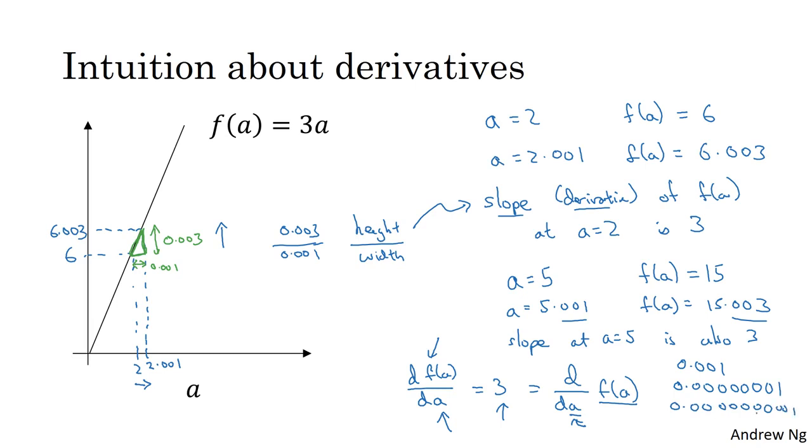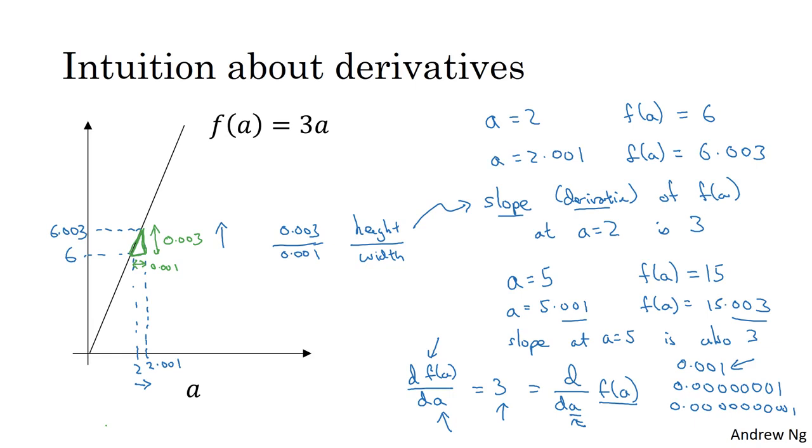The formal definition of derivative says, whatever you nudge a to the right by an infinitesimal amount, basically an infinitely tiny amount, does f of a go up 3 times as much as that tiny amount you nudged a? So that's actually the formal definition of a derivative. But for the purposes of our intuitive understanding, we're just going to talk about nudging a to the right by this small amount, 0.001, even if 0.001 isn't exactly infinitesimal.